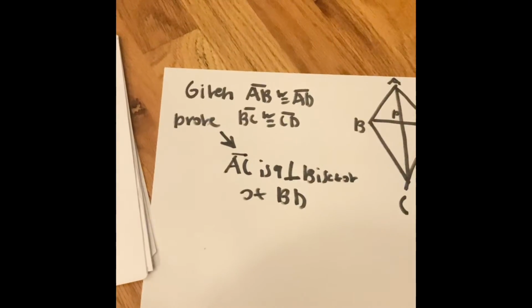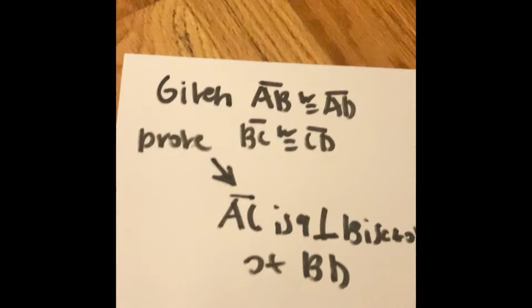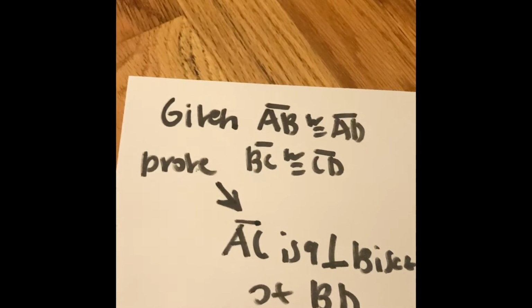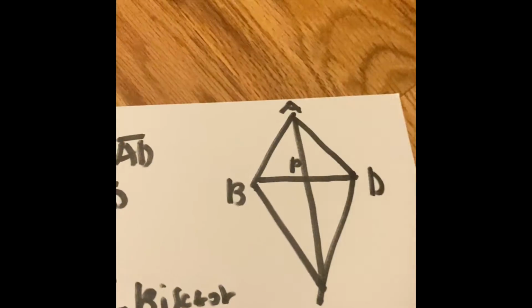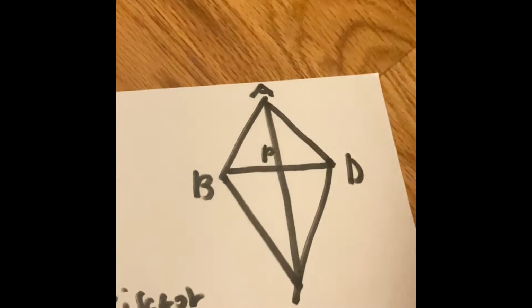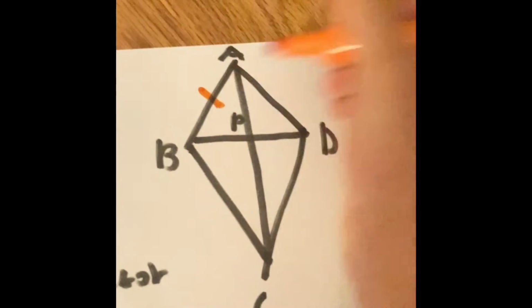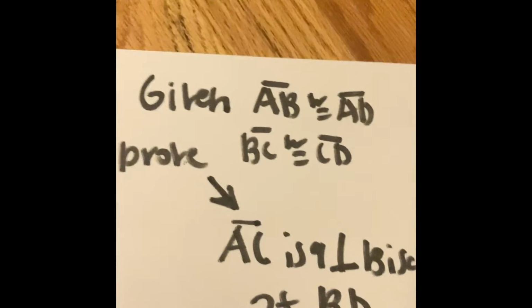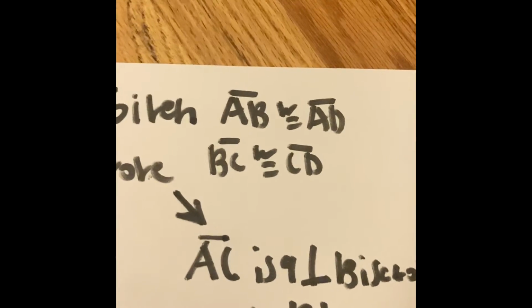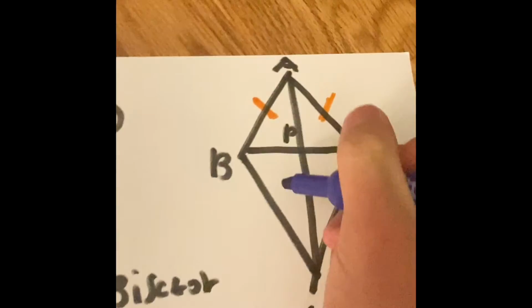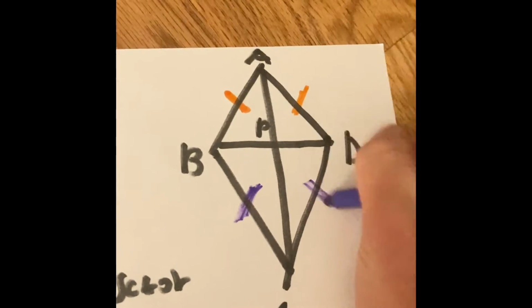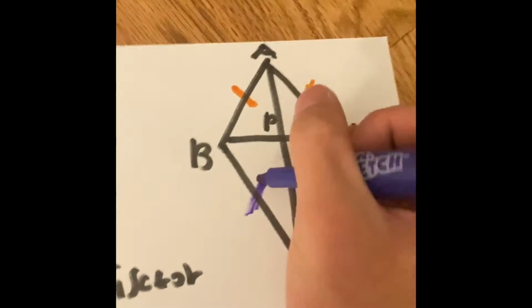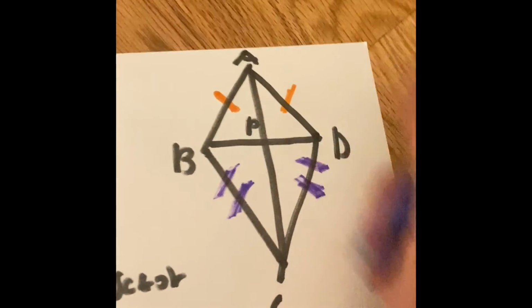Okay, so here's the proof. Given AB is congruent to AD. So we're going to say AB is congruent to AD. We can also say that from our givens, BC is congruent to CD. So those two segments are congruent.